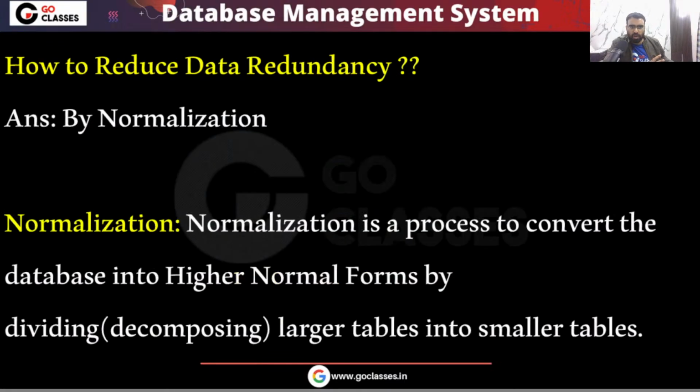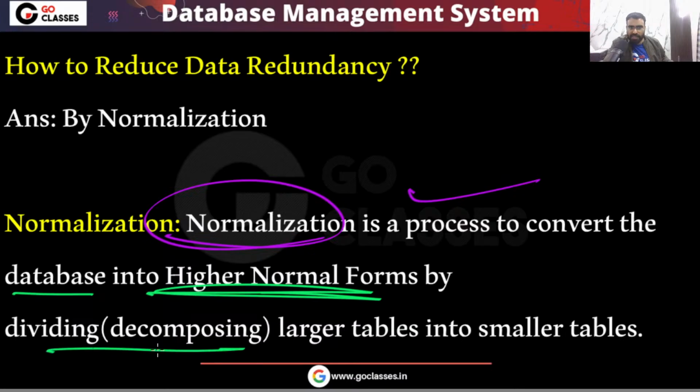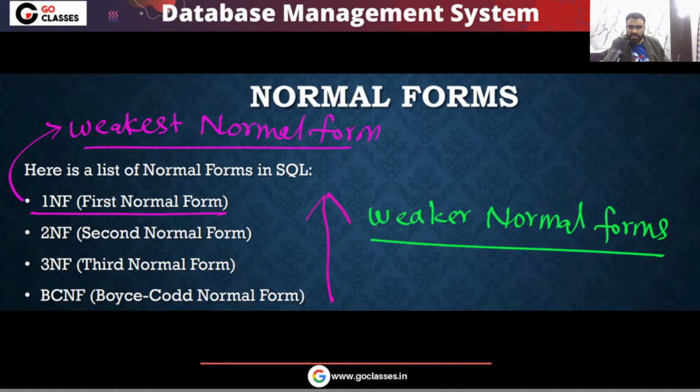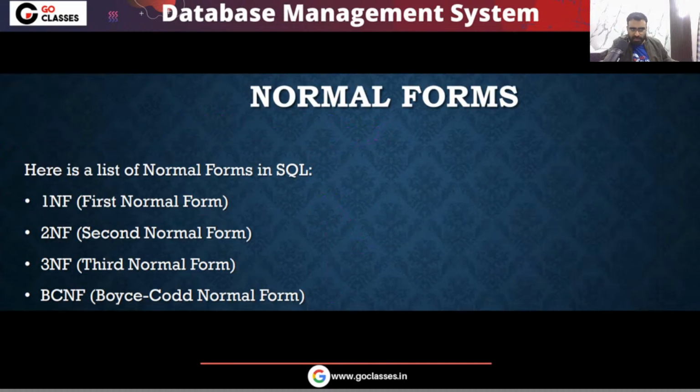Normalization is a process to convert the database into higher normal forms by decomposing large tables into smaller tables. So if you are doing normalization, then you are converting your database into higher normal forms. So remember, when you go in this direction, the redundancy will reduce. In this direction, what will happen? The redundancy reduces.